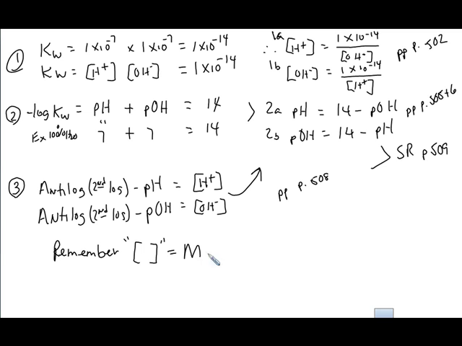That is the molarity. Okay. And what is molarity? That's moles of solute. In these particular problems right here, we're talking hydrogen ions or hydroxide ions, right? Moles of solute per liter of solution. Okay?